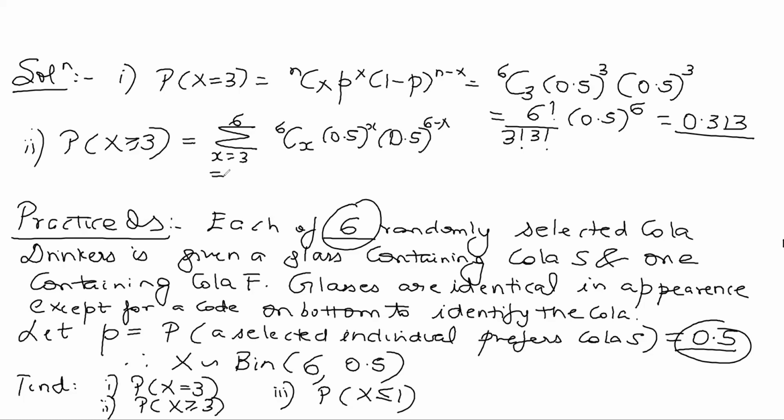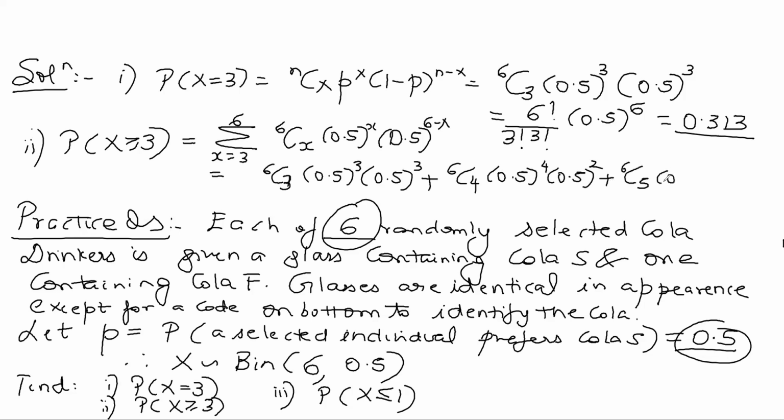This will be 6C3 because x starts from 3. 6C3 0.5 to the power 3, 0.5 to the power 6 minus 3, which is 3, plus 6C4 0.5 to the power 4, 0.5 to the power 2, plus 6C5 0.5 to the power 5, 0.5 to the power 6 minus 5, which is 1, plus 6C6 0.5 to the power 6, 0.5 to the power 0.